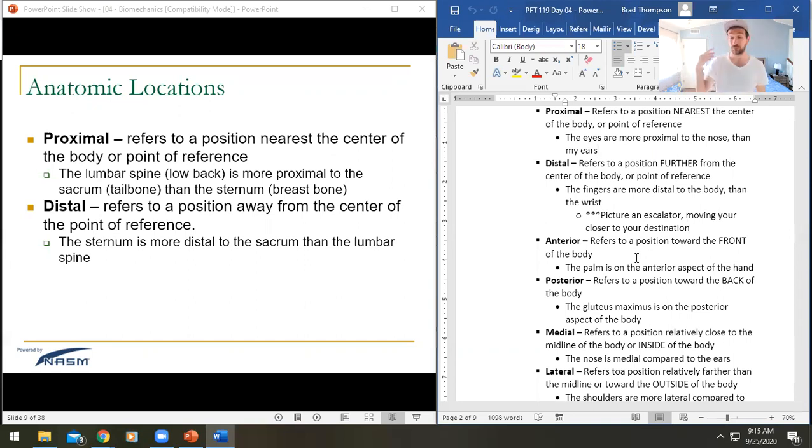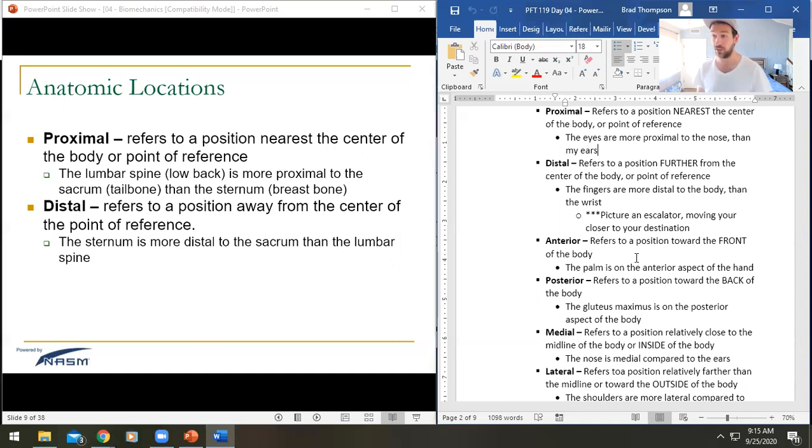When you're using proximal and distal, you'll often use three points of reference. It'll be the one that you're referring to, then you'll give it in reference to something else, and then compared to a third thing. So your eyes are proximal to your nose compared to your ears, right? This is closer to this if you compare it to this.